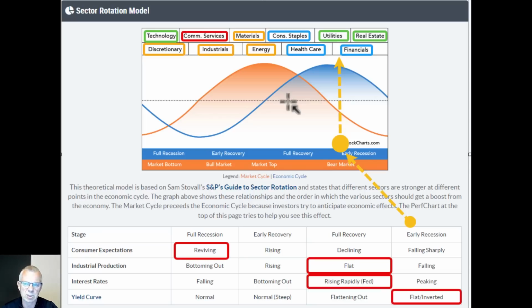We're on the right-hand side, in the early recession type area of the economic cycle. And we have not yet seen the broader market behavior that belongs to that part of the cycle. So caution is still very, very necessary.